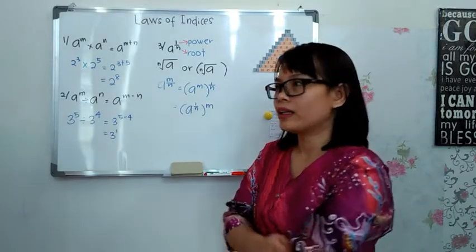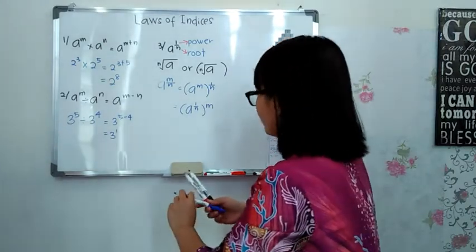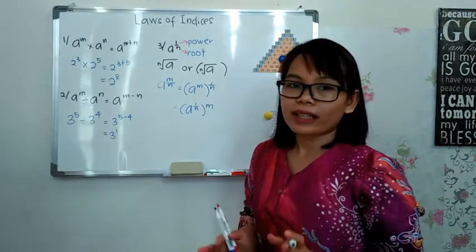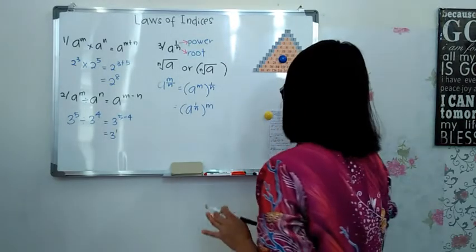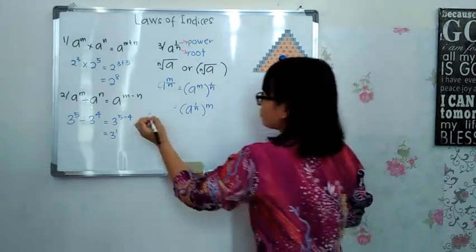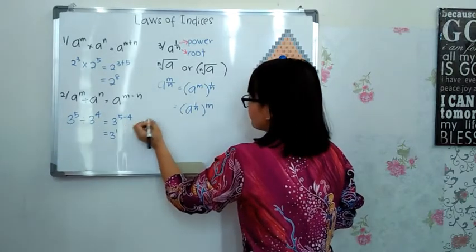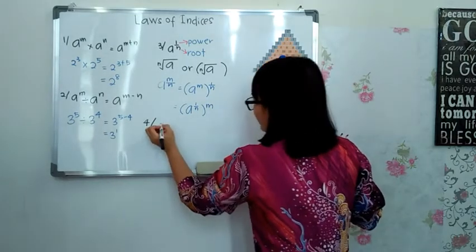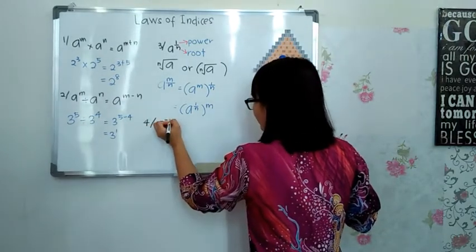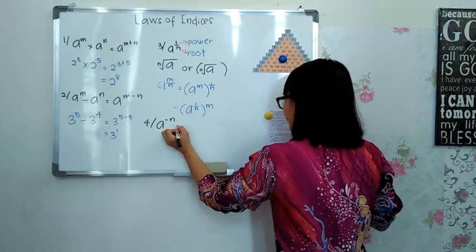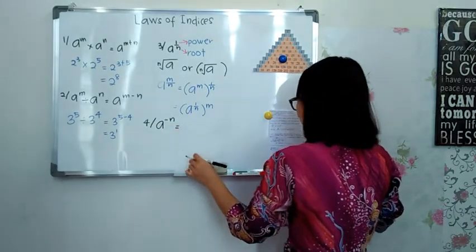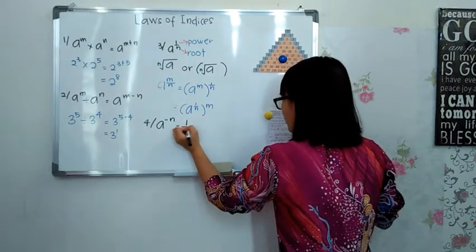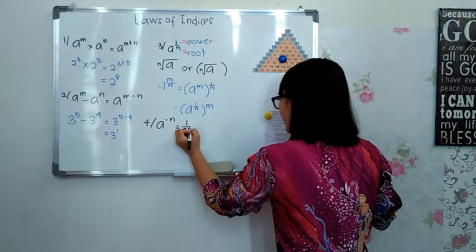Next we will learn about what happens when we see negative. Let's say a to the power of negative n, and we get 1 over a to the power of n.